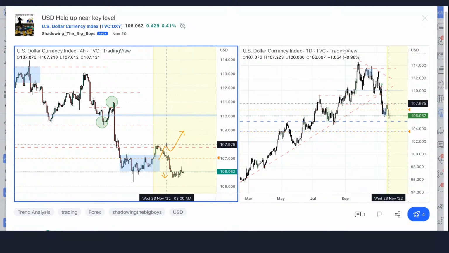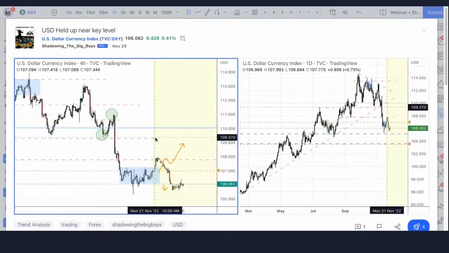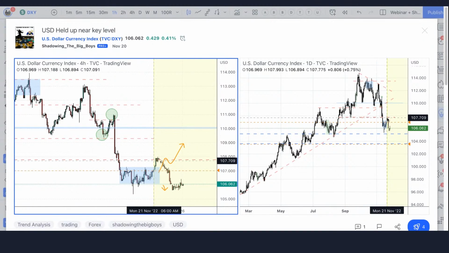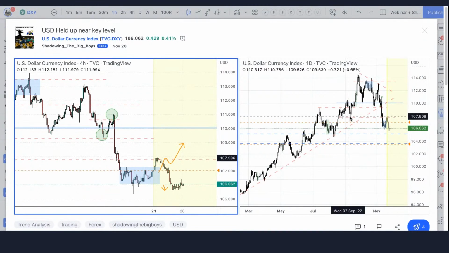Last week I did have a bit of a bullish bias on the USD, but eventually what actually happened is, if you all have followed through, you know that I marked up this level where there might be some resistance.